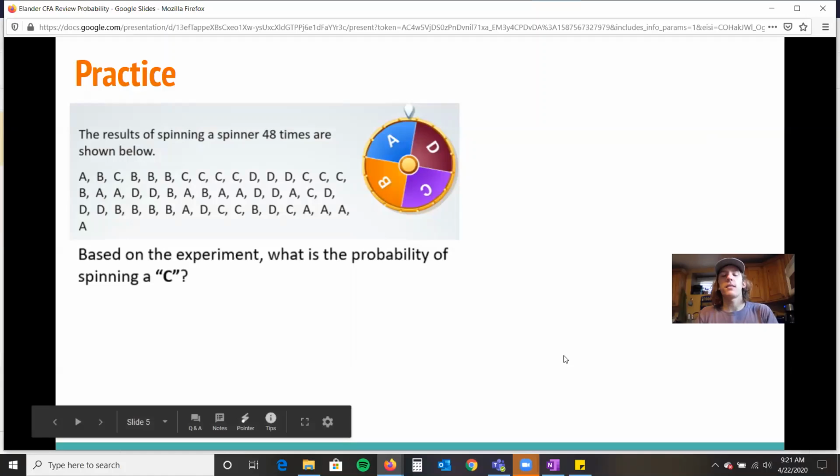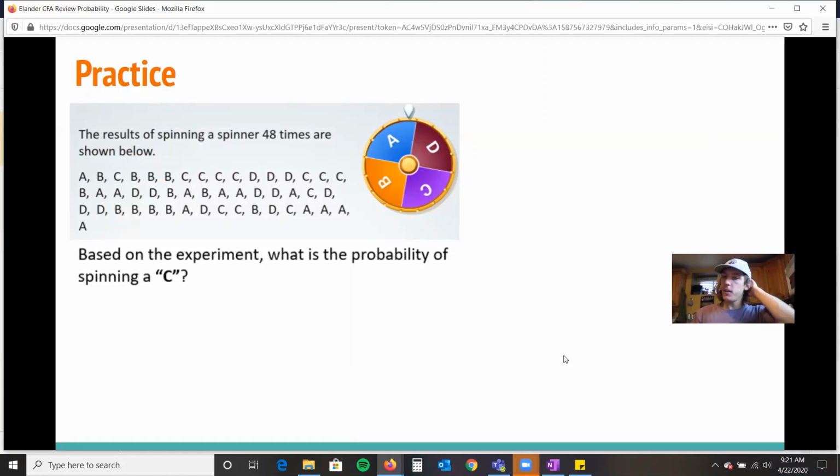Okay, this is where I want you guys to step in on your own. I want you to find the probability of spinning a C based on the experiment. You're probably going to do some counting, right? Count up the C's.